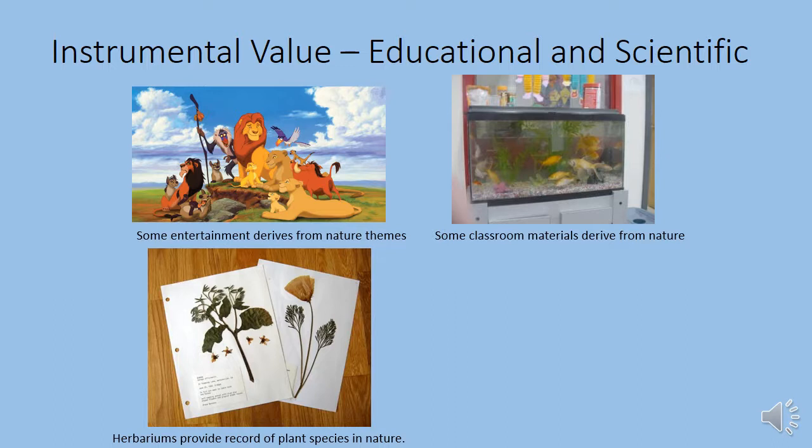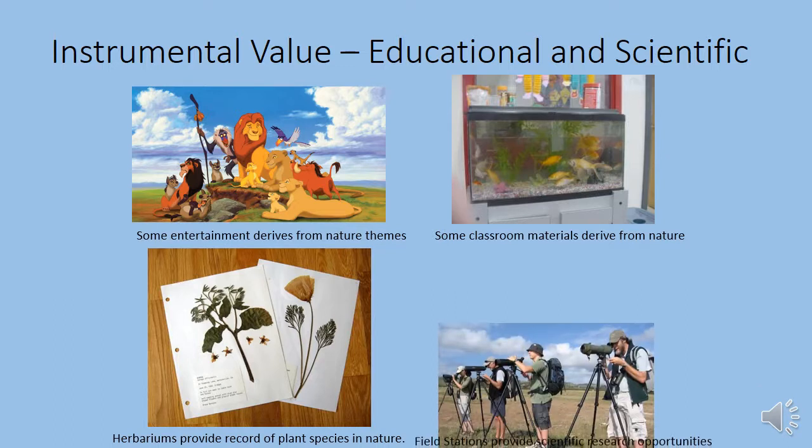There's tremendous amounts of data that can be obtained just from these herbarium specimens. So we get scientific. We can learn new things and create new knowledge, which is the goal of scientists, right? And so we can do that with these ecosystems, and otherwise we wouldn't be able to.